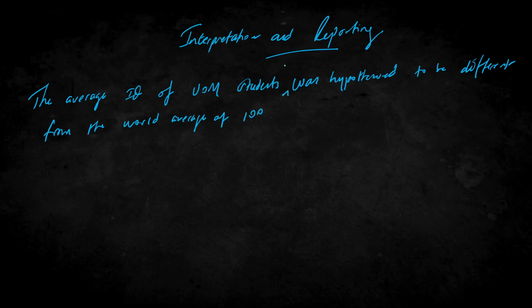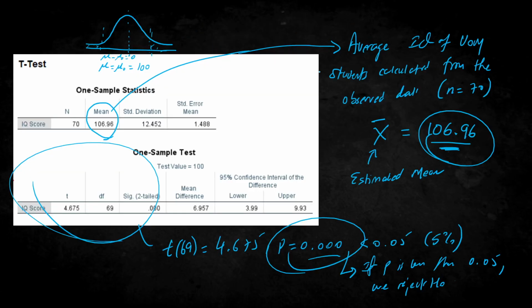So here you can actually write what the mean was. The mean was 106. Let me see again, 106.96.